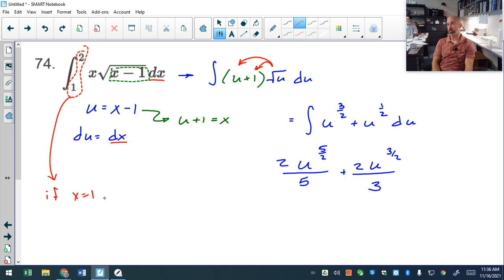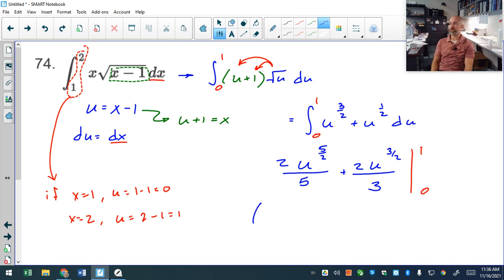If x is equal to 1, then u is equal to x minus 1, which is 0. So for my integral in terms of u, my lower limit is 0. If x is equal to 2, then u, which is equal to x minus 1, will be 2 minus 1, which is 1. And now I can finish the problem and never go back to x's.